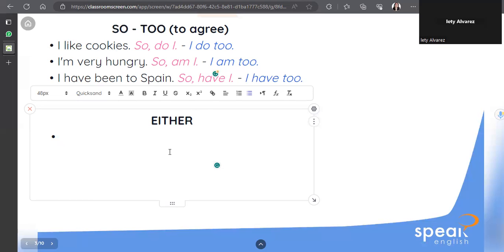I neither play basketball. Okay, but remember, negative. Neither is not negative in the past. Okay, so it would be I don't play basketball.